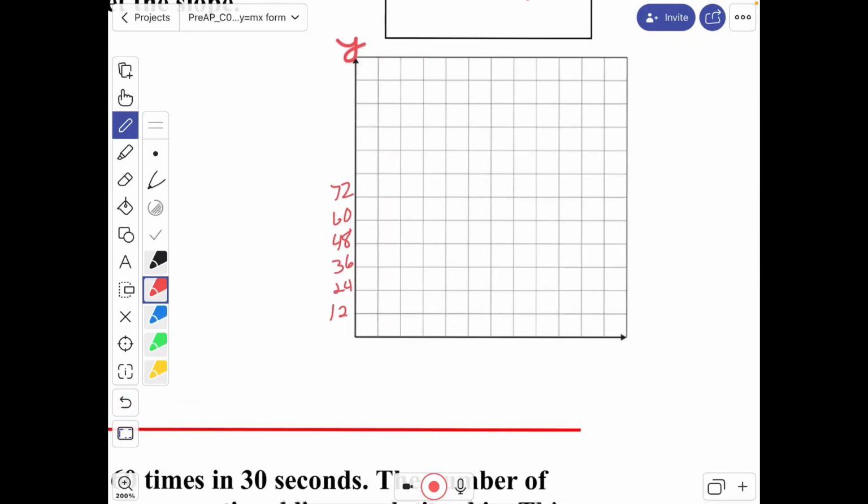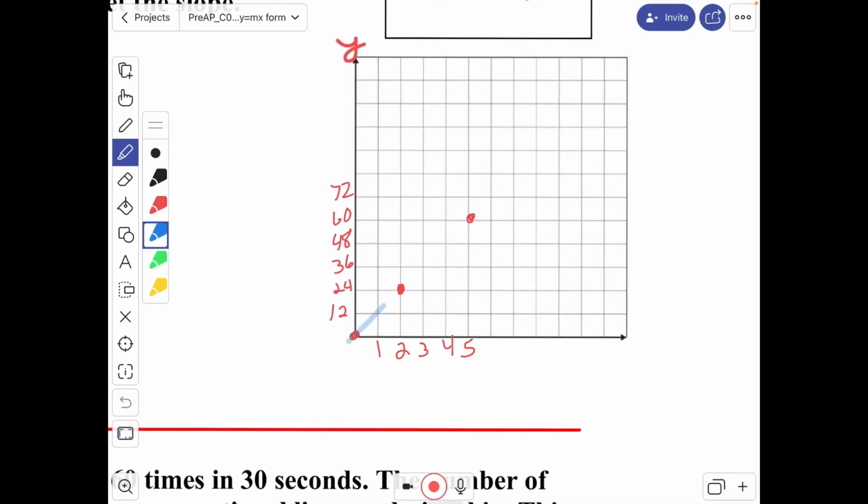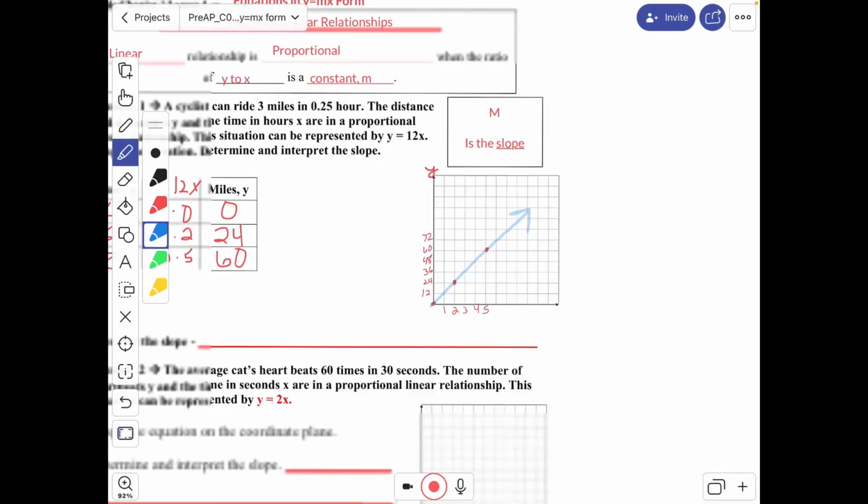The first coordinate that I had was 0, 0, so that's right there. The next one went over 2 and up to 24, and then to the right 5 and up to 60. And as you can see, it made a straight line. So yes, it is linear.